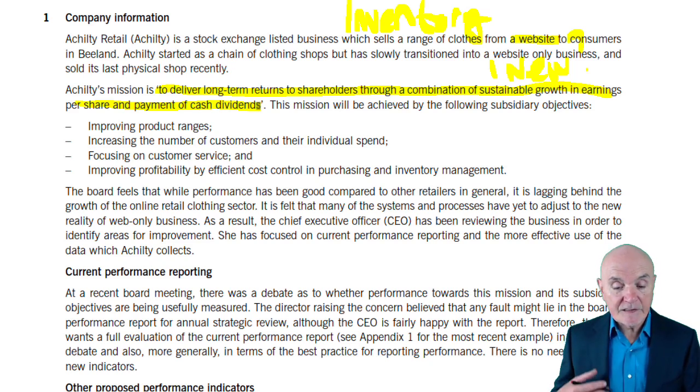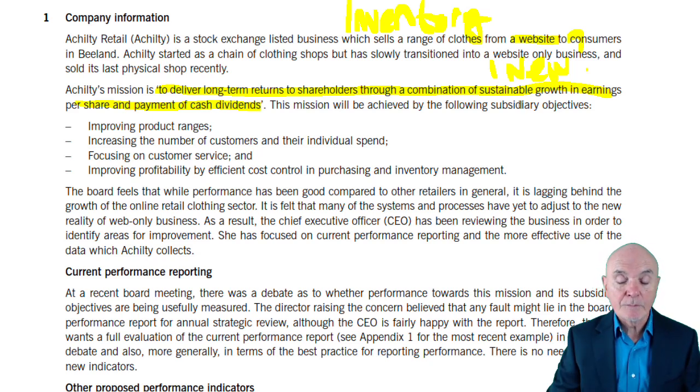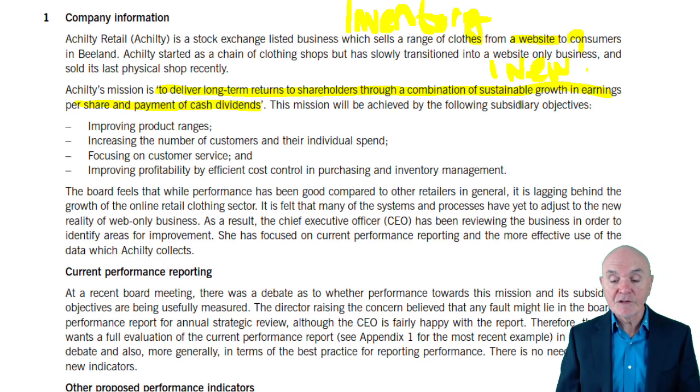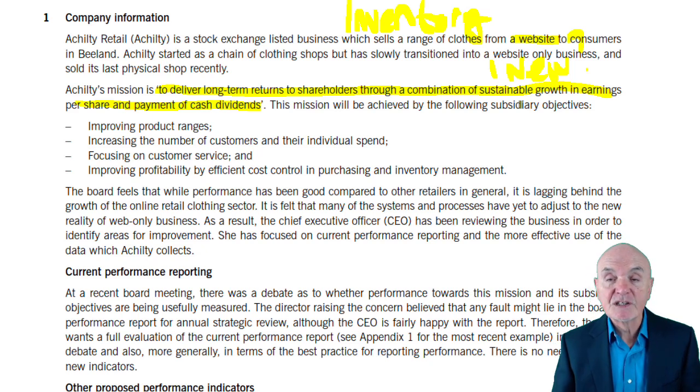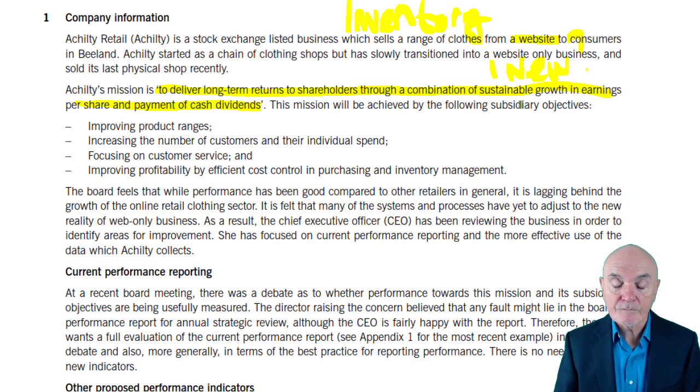And the company has at least recognized here some subsidiary objectives: improving product ranges, increasing the number of customers and their individual spend, focusing on customer service, and improving profitability by efficient cost control in purchasing and inventory management.